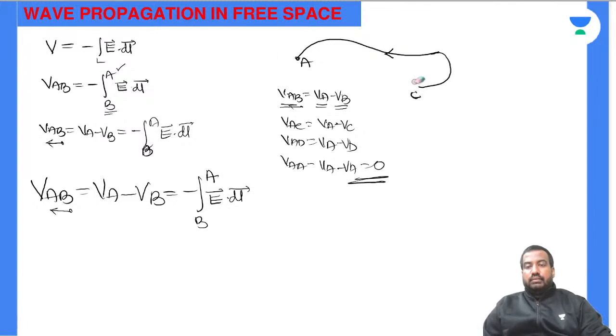Clear? I am removing this point and having it here. Now you tell me how much is VAD? VA minus VD. Clear?